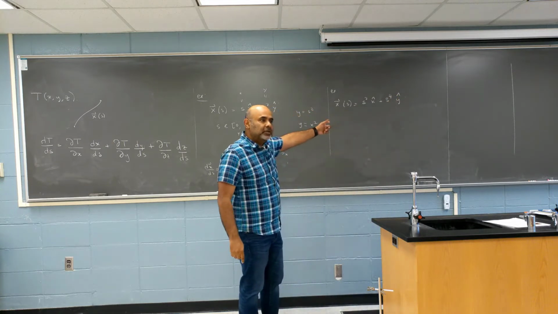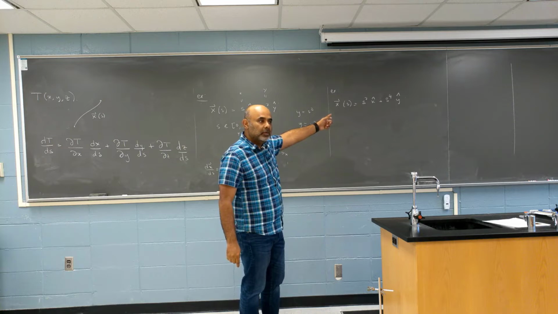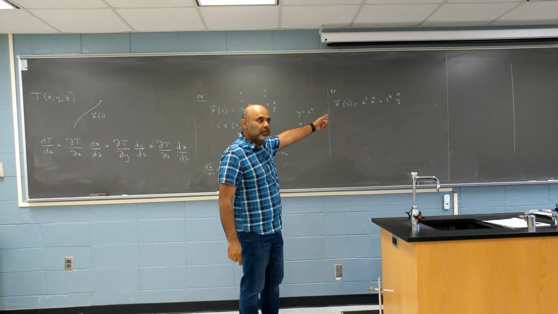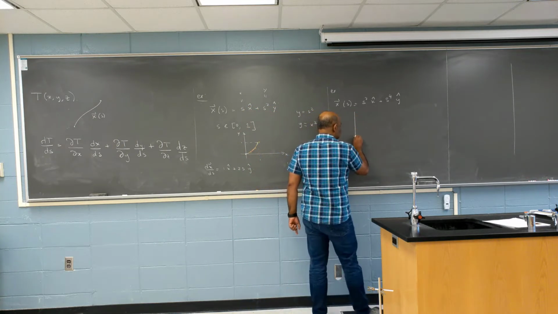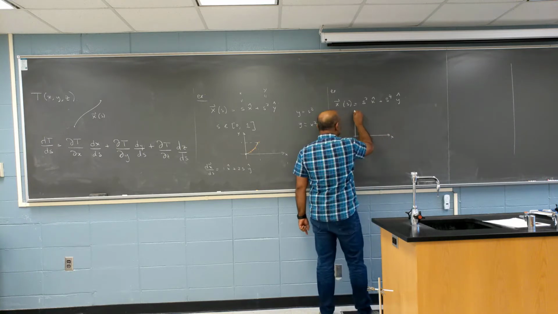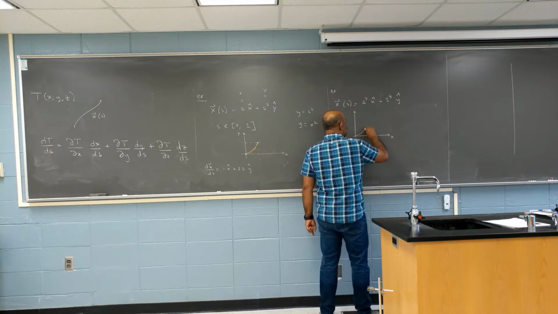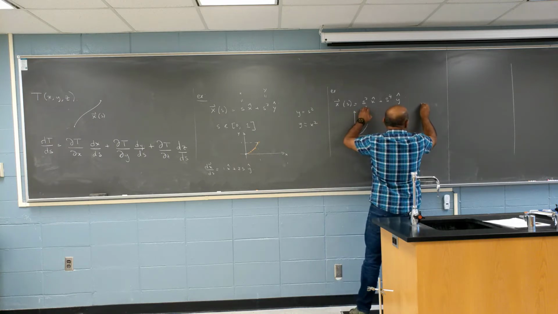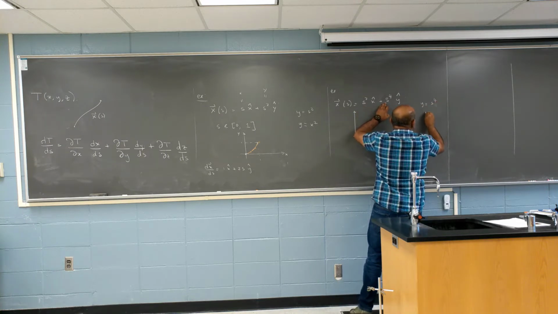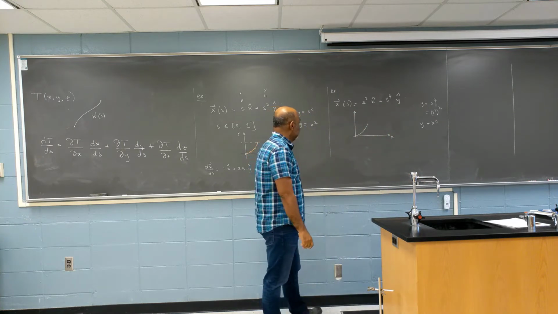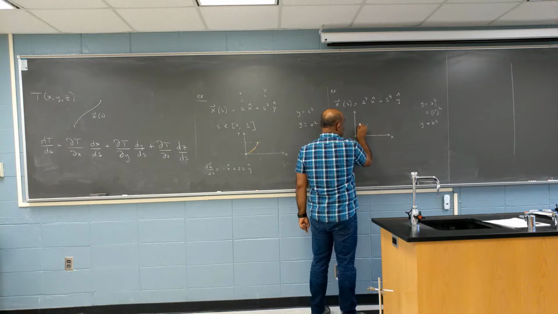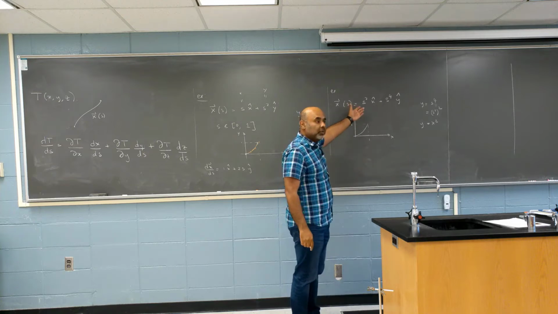What do you think the graph of this function is going to be? I'm sorry? It is the exact same parabola. Because look, y equals s to the fourth, which is s squared squared. So the point is, if I have a physical curve of interest, I don't have a good choice of parameter.